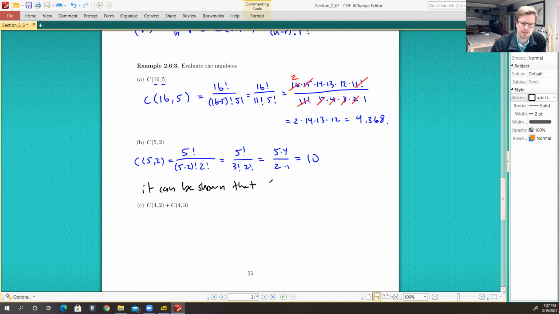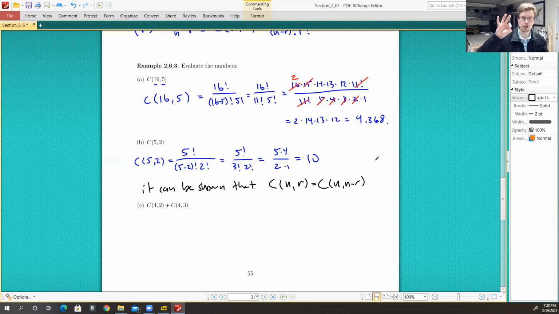that when we take the number of combinations of R elements from N, this is equivalent to choosing N minus R elements. So when I have 5 elements, I can choose 2 of them. If I choose 2 of them, then what have I effectively done? I've chosen 3 not to include.